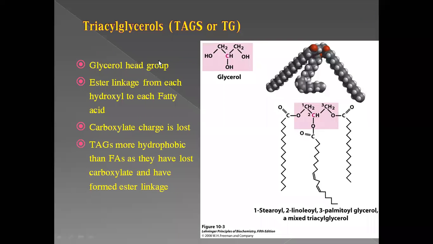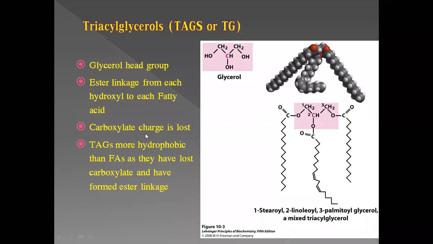They form an ester linkage from each hydroxyl group with each fatty acid. So, each hydroxyl group of glycerol. This is the structure of glycerol. From glycerol, every hydroxyl group will form an ester bond with an individual fatty acid. This fatty acid may be the same or different.